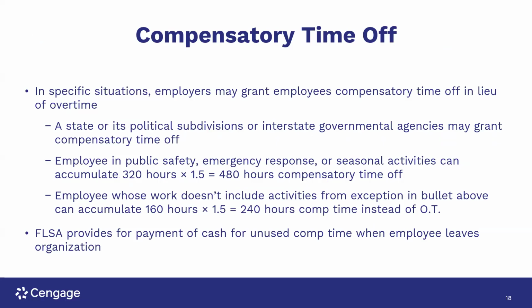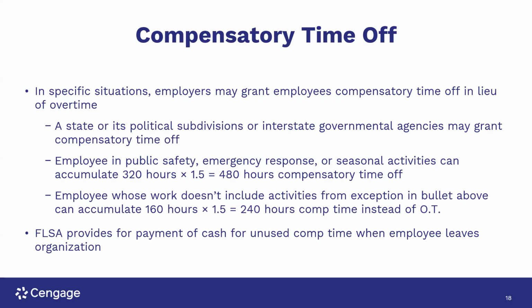Additionally, there's compensatory time off obligations that can be granted in lieu of overtime. If an employee is in public safety, emergency response, or a seasonal activity, they can accumulate up to 320 hours times 1.5, which is 480 hours of compensatory time off.